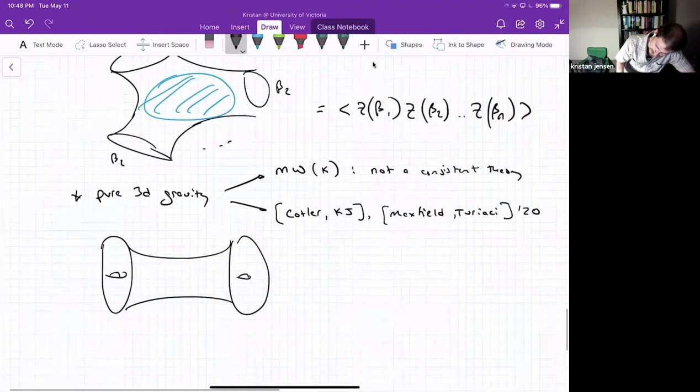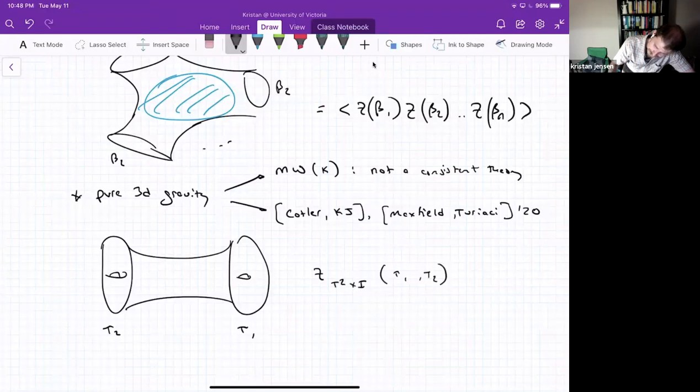If you will, the two tori are labeled by complex structures, tau1 and tau2. And so we got the torus times interval amplitude of 3D gravity, which depends on those two independent complex structures. This was the analog of the wormhole in JT gravity that gives you long-range repulsion.